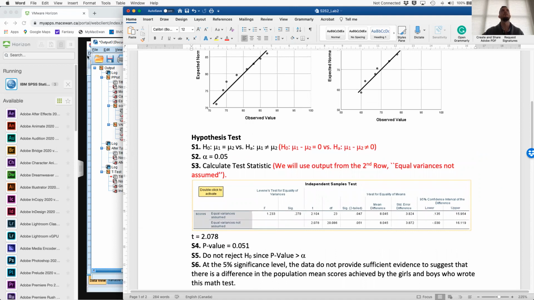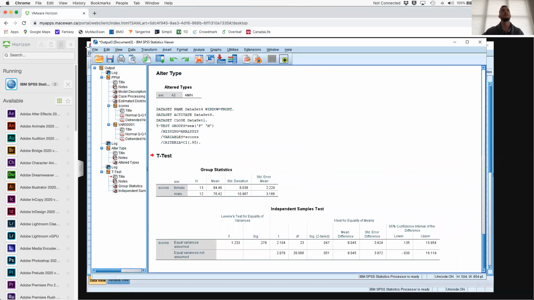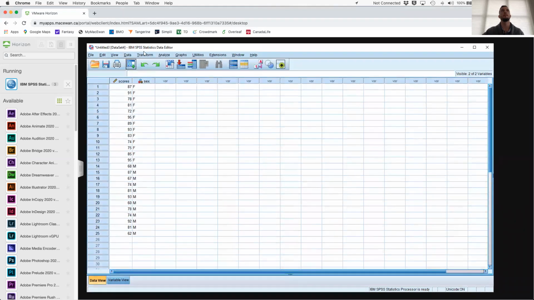Okay, so to run the test in SPSS, do you guys have the columns that show, do you have the little red, blue, yellow symbol here in the second column for the grouping variable?